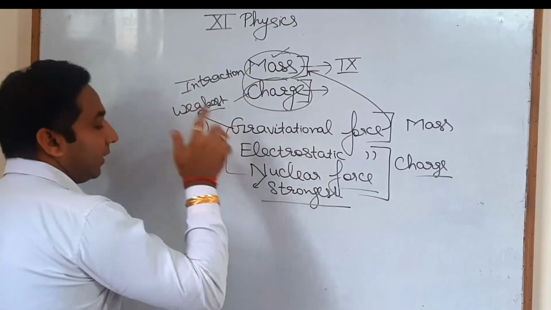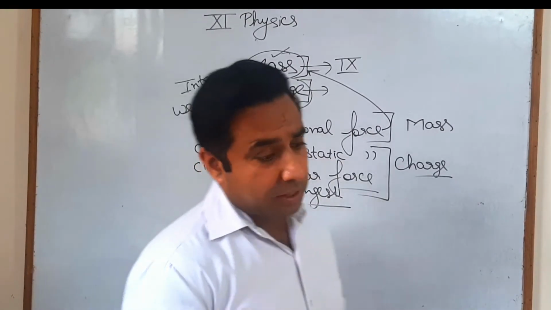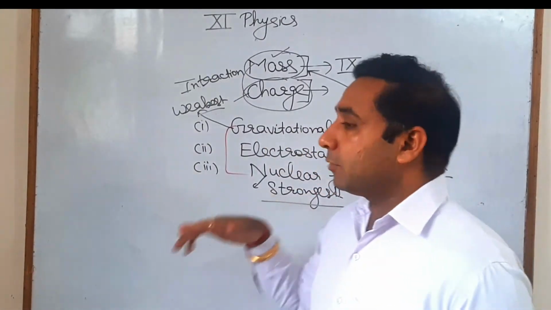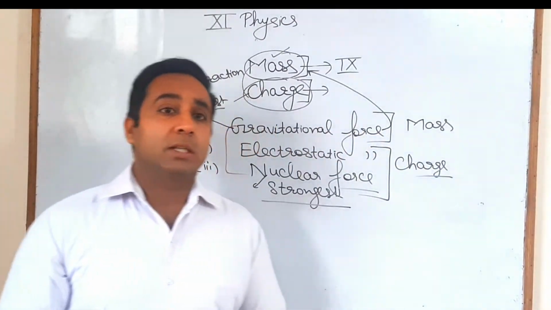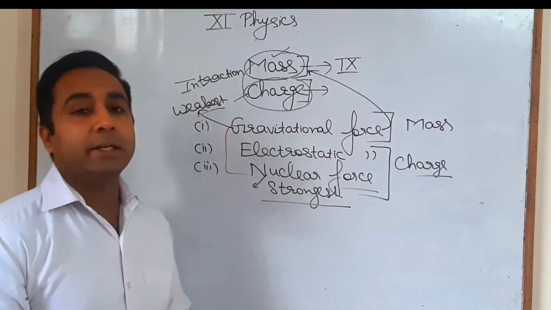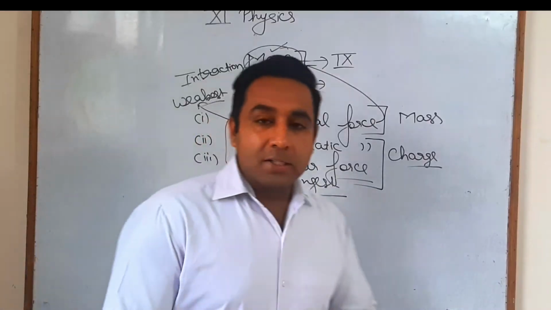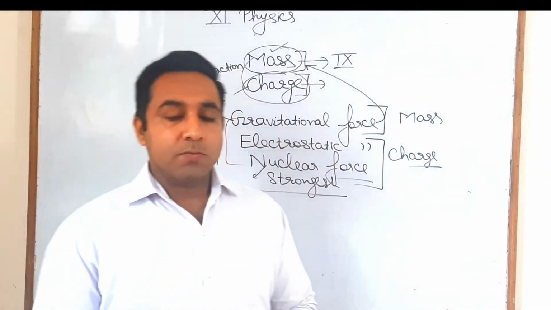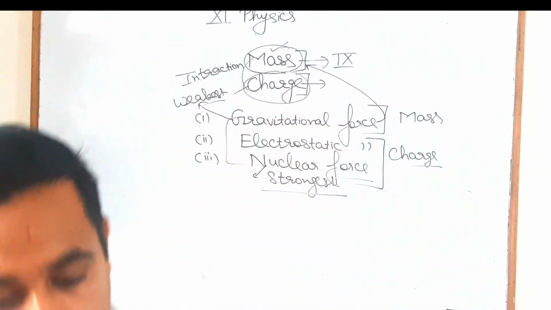Out of these forces, the gravitational force is the weakest force in nature, and the nuclear force is the strongest force in nature. So that's the first basic of 11th physics: the bodies interact due to these two properties, the mass and the charge.